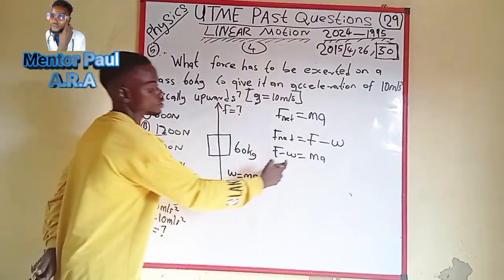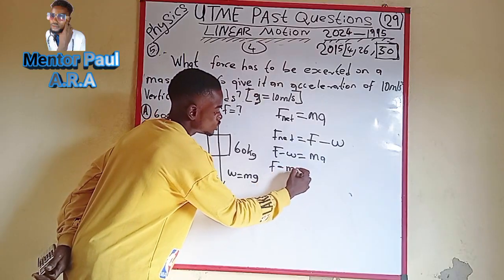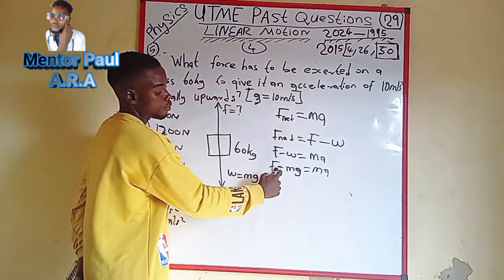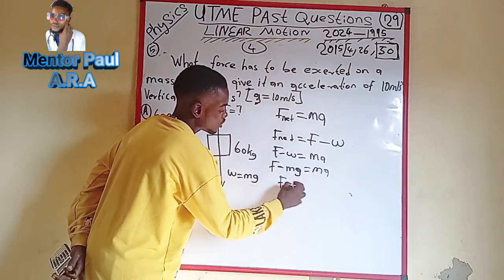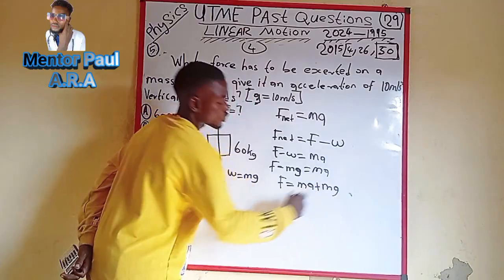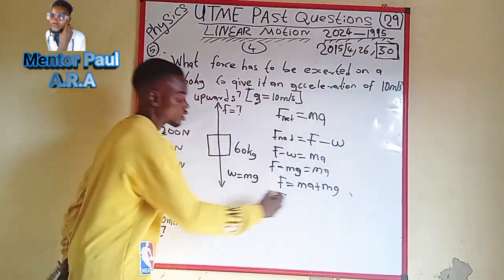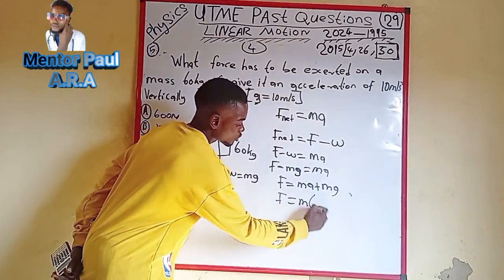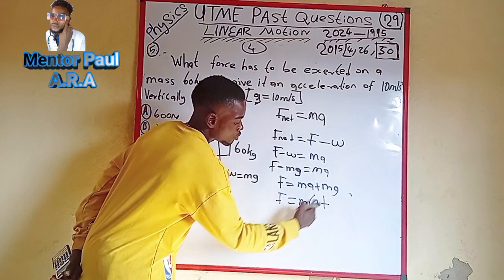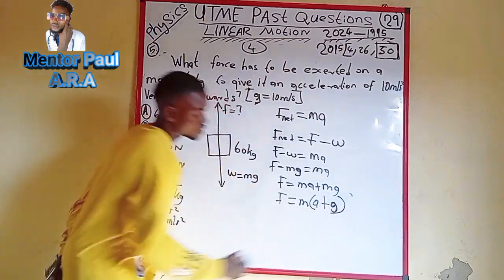Also, W is mg, so F minus mg equals ma. Now moving minus mg across, we have F equals ma plus mg. Here I'm going to factorize m because it is a common term. m comes out, and m multiplied by a gives ma, and m multiplied by g gives mg. So I factorize it out.